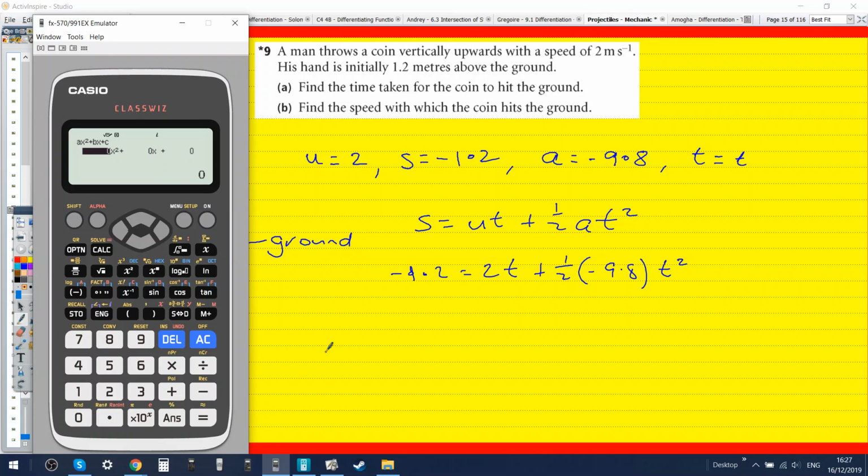So we know that'll be minus 4.9 t squared. We've got 2t, and then plus 1.2 equals 0.